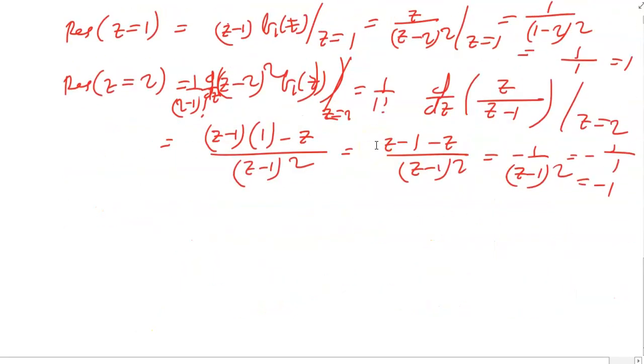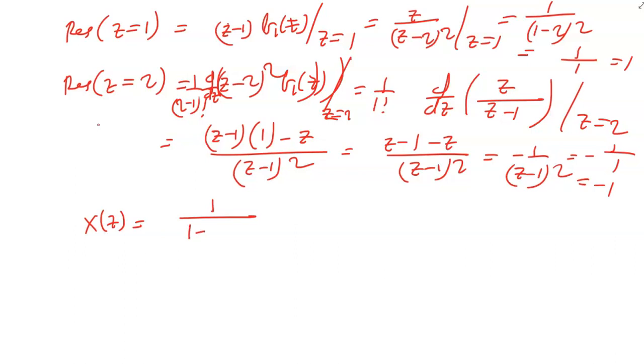Let us move on and discuss some example. Given that X(z) is equal to 1 upon 1 minus half z to the power minus 1. By simply looking at this, you can easily say that it is half to the power n u[n], provided that the ROC is magnitude of z greater than half.